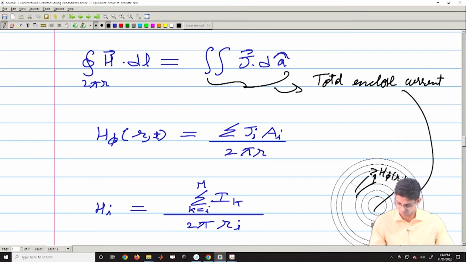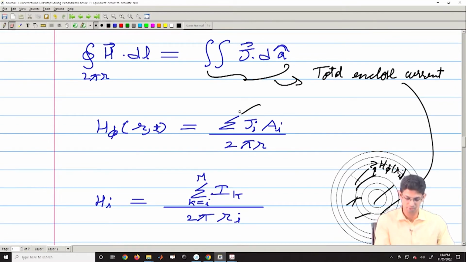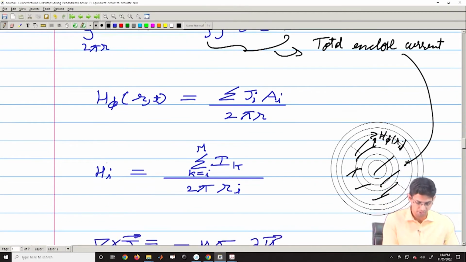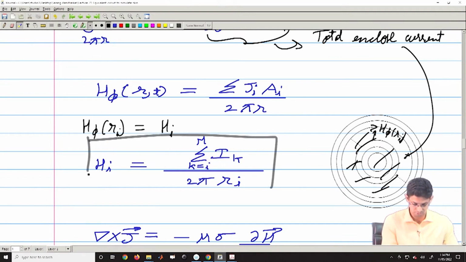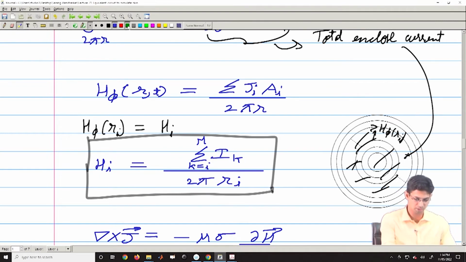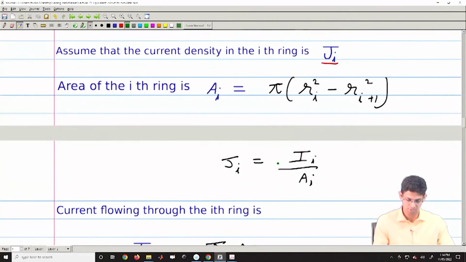So, this will include all the currents here. How do I get that total current? I do a summation over the currents, which will give me this. So, if I write my H phi of ri as Hi, Hi is in the phi direction. In that case, I will get my Hi as this.